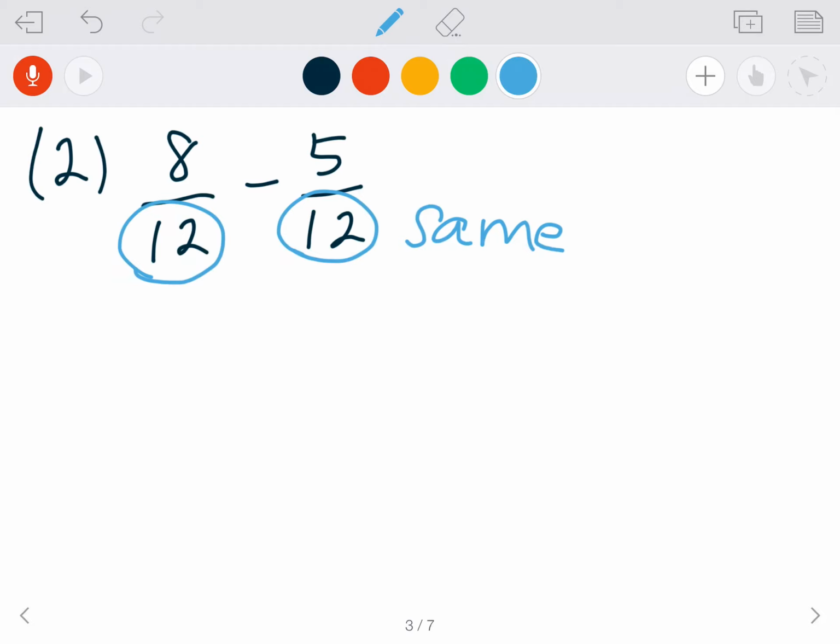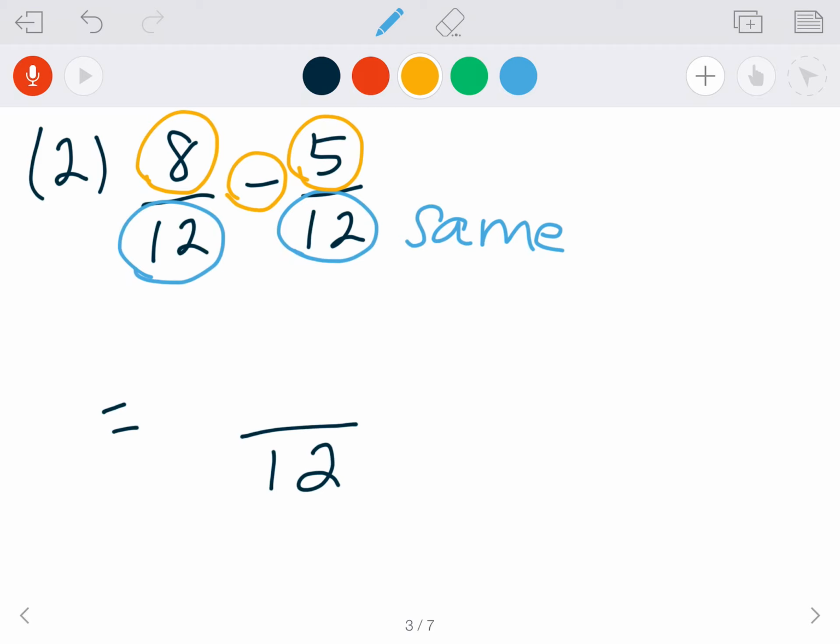Now, I'm not going to draw a circle with 12 pieces in it, but you could if you wanted to, of course. We can just use our shortcut that if the denominator is the same, just bring it down. Don't change it.